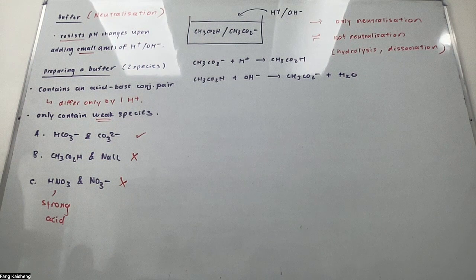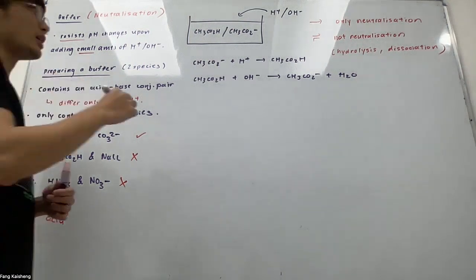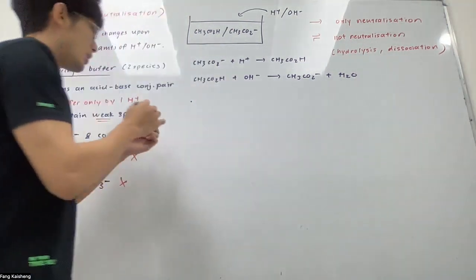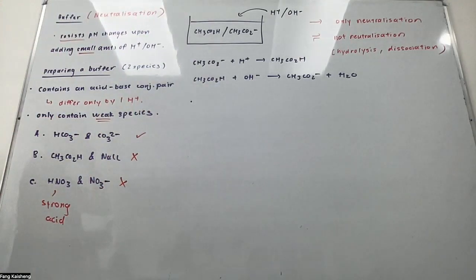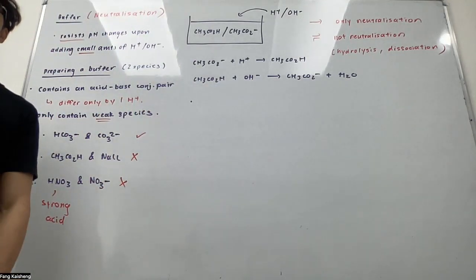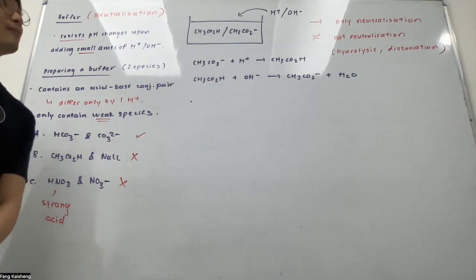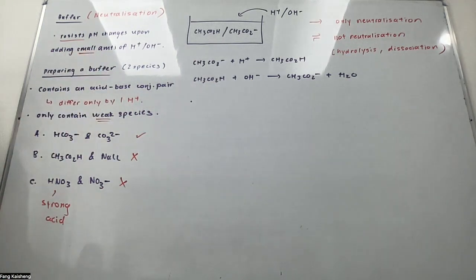The second mark comes in with your explanation. To remember the explanation here, I need you to remember an analogy. Now guys, how does a buffer actually work? When you add small amounts of H plus and OH minus, why is it that the pH doesn't change much? Imagine I take a tablespoon of lime sour and pour it into the ocean.